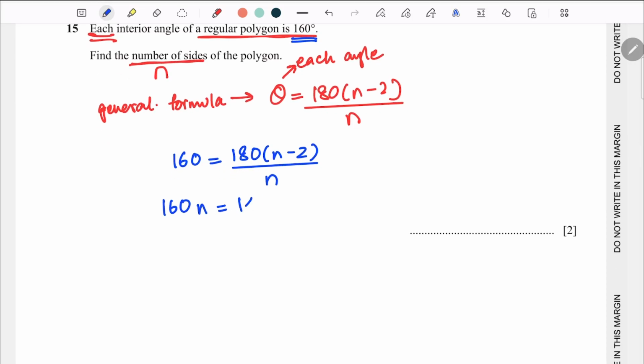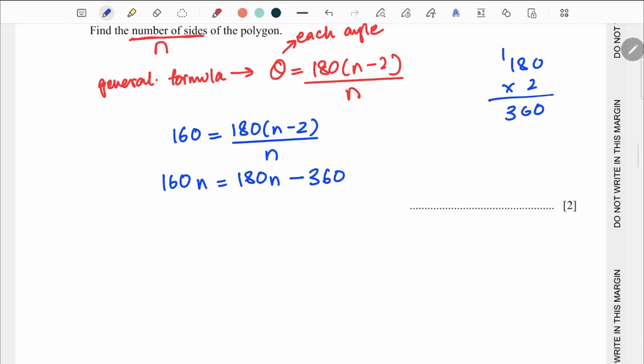160n is equal to 180n minus 180 × 2. 2 ones are 2 and then 3, so this is 360 degrees. 160n minus 180n is equal to minus 360. And 160 minus 180 is basically minus 20. So minus 20n is equal to minus 360.